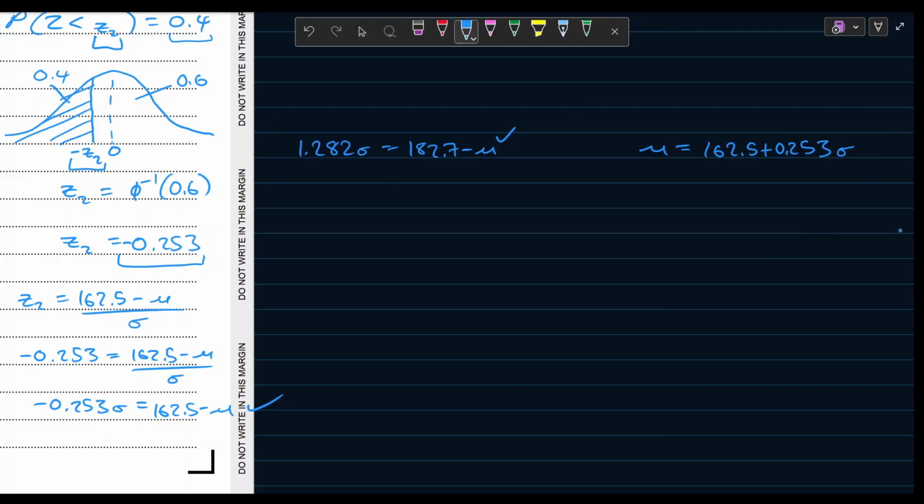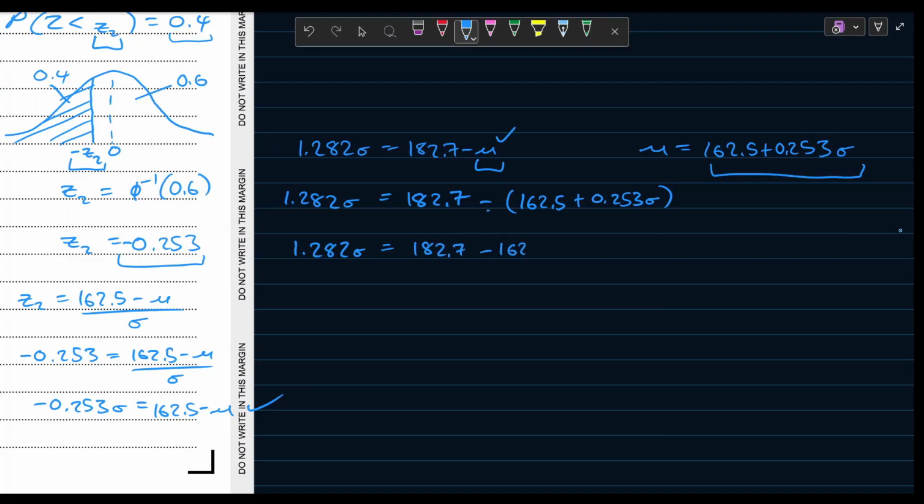And what I want to do is replace this mu with this expression that we have here. So that is 1.282 sigma is equal to 182.7 minus our mu, which is 162.5 plus 0.253 sigma. Okay, so 1.282 sigma is equal to 182.7 minus 162.5 minus 0.253 sigma.